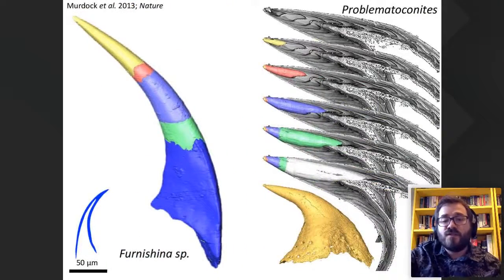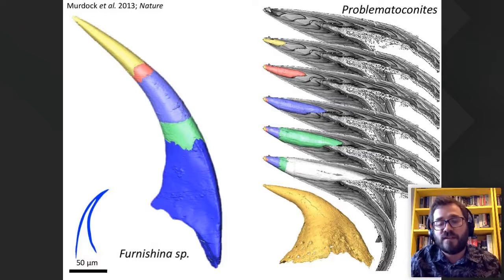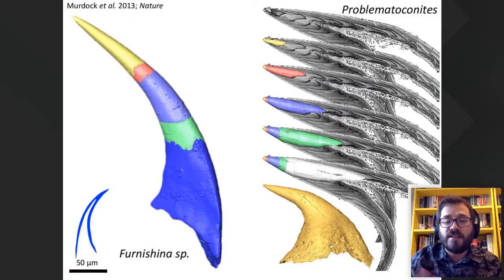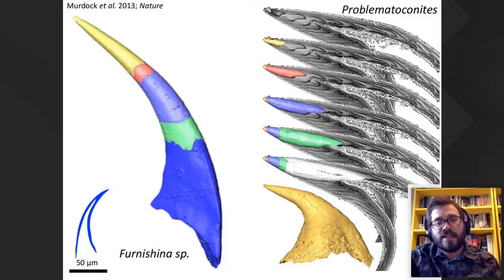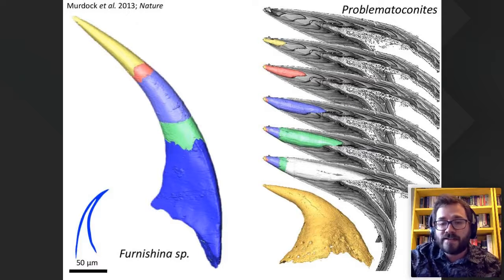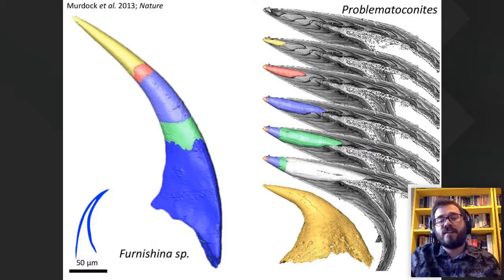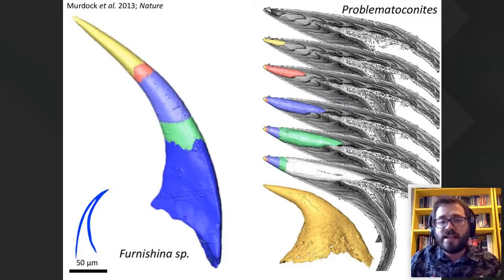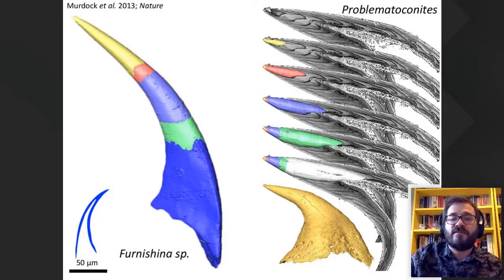So let's take a closer look at paraconodonts. So here are two different paraconodonts, Furnishina and Problematiconites. And what I want to point out to you is that there's quite a big diversity of different ways in which these structures are put together. In the Problematiconites, you can see these slices through of this synchrotron tomography data. So we have a more complex arrangement where the layers start to grow around the outside as well as just on the inside of the elements.